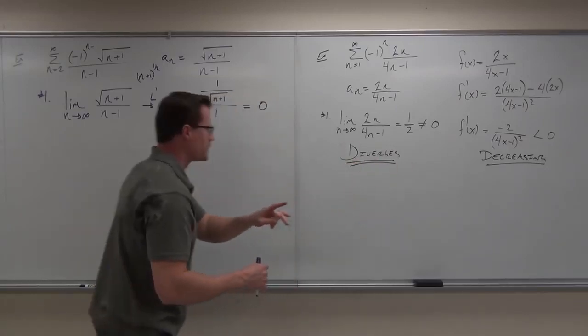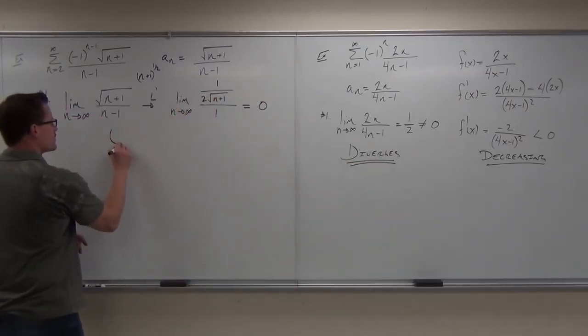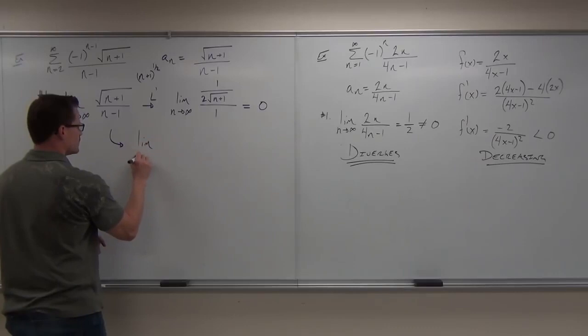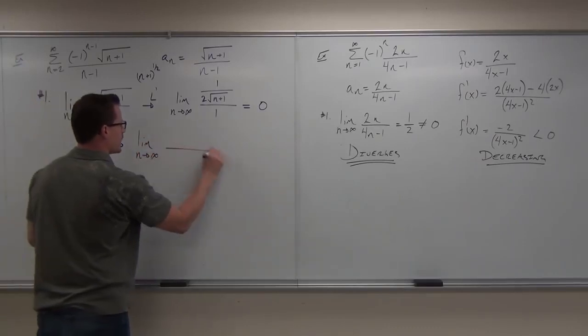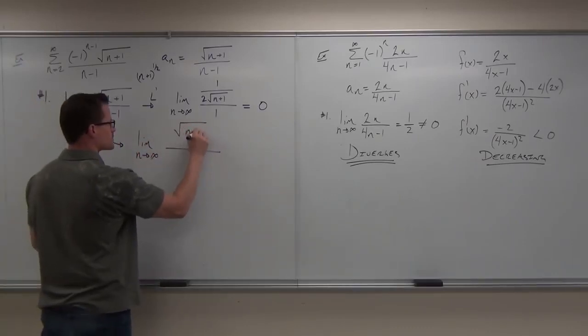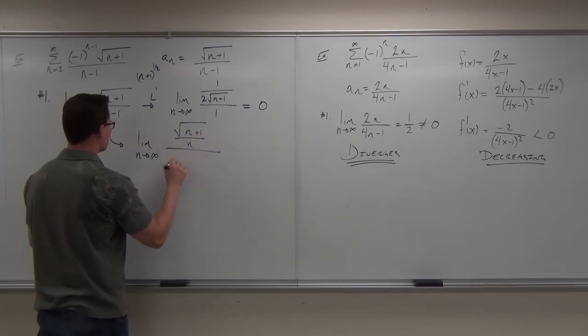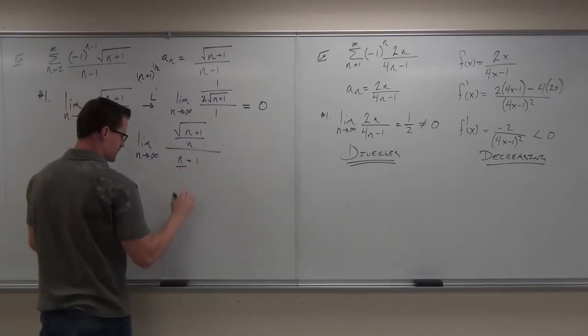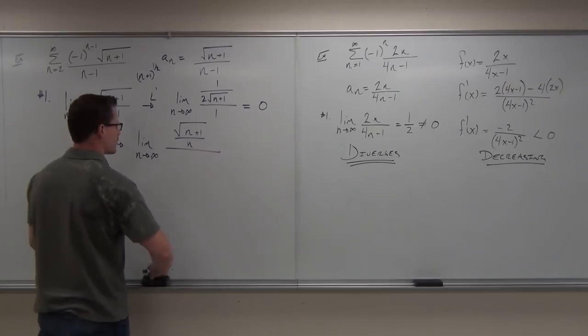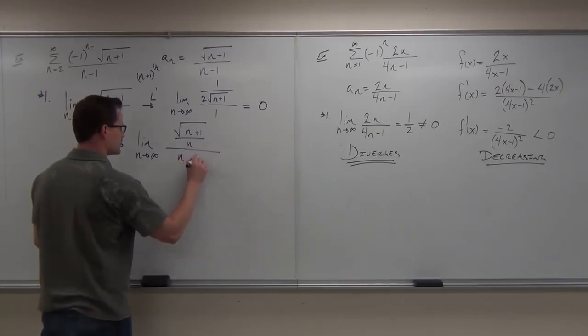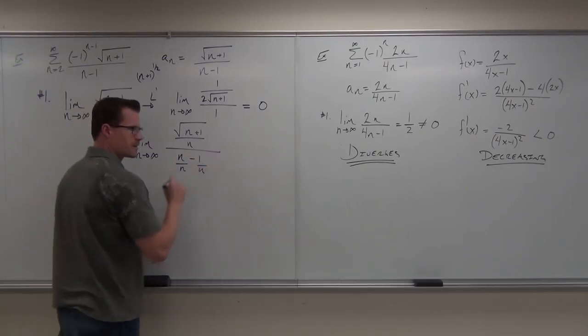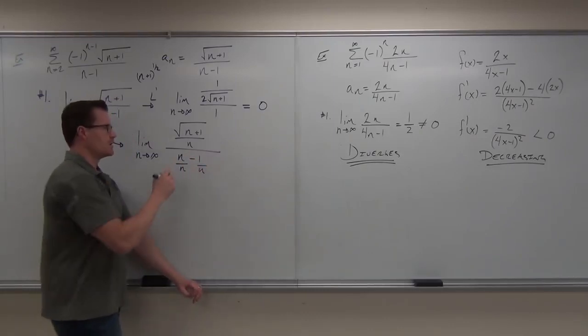Be careful on this. If you divide everything by n, watch your square root. What happens is you do this, n plus 1 over n, n minus 1 over, sorry. Like that.